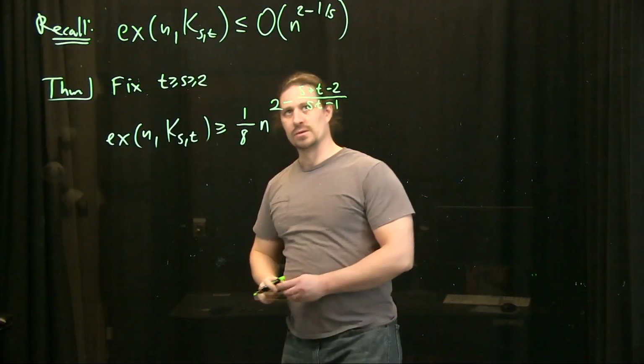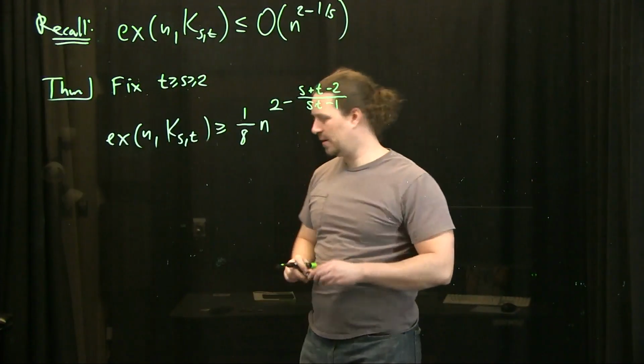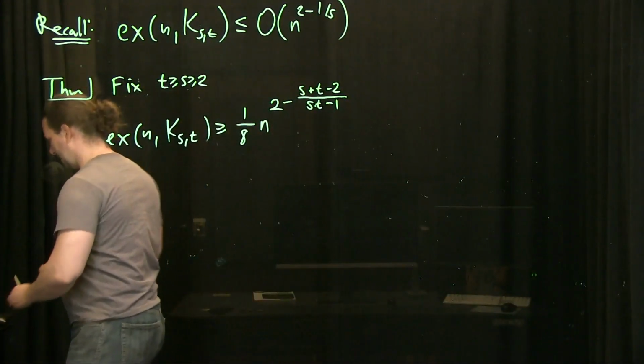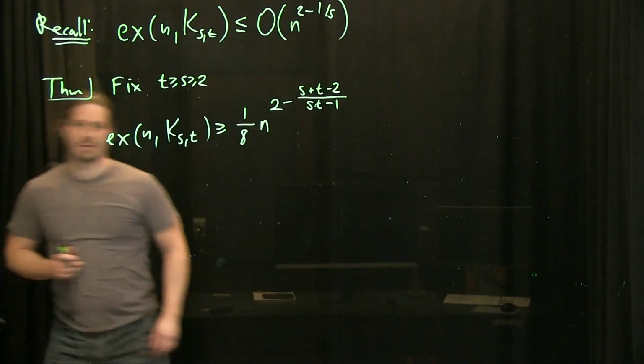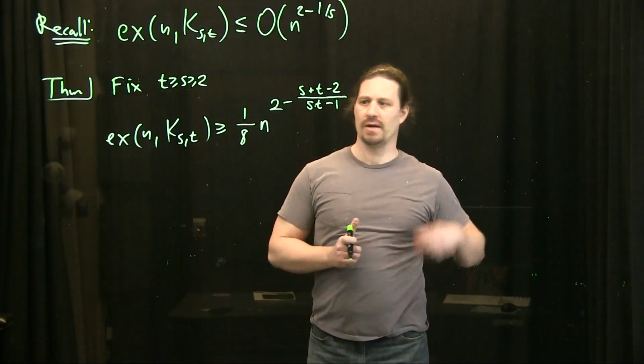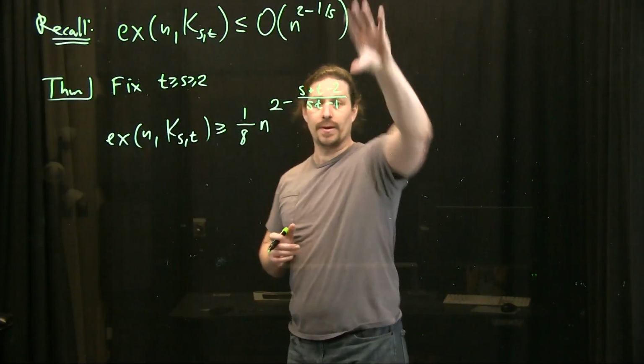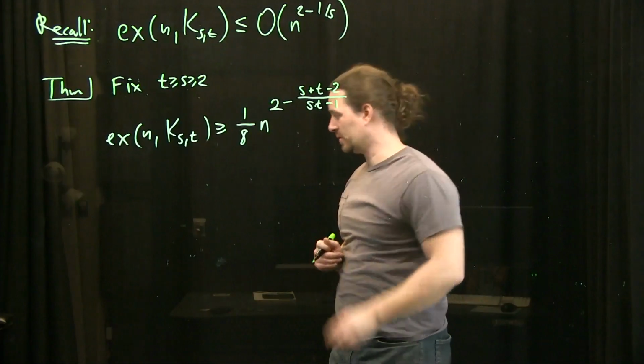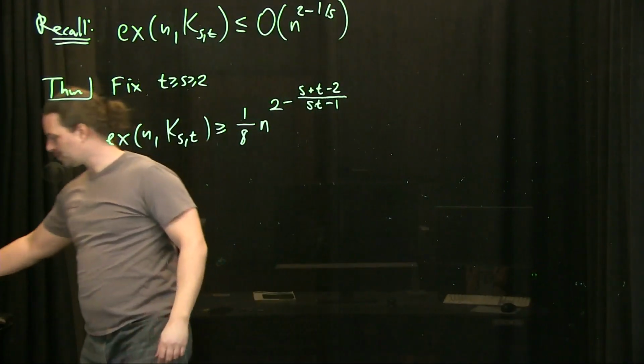So it's a little bit uglier than the upper bound, but it's one of the best lower bounds that we have in terms of the exponent. They're not matching though. It is an open problem to close the gap between the two of them.